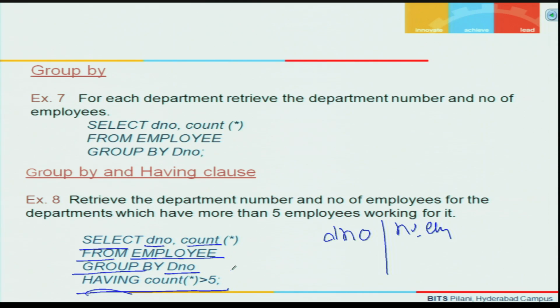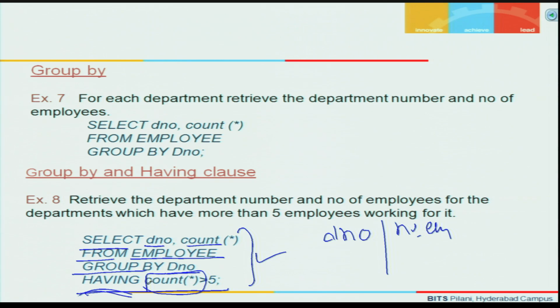So when I am using these aggregate functions and group by, first grouping is done. When you execute this, first grouping is done based on the department number, and then on individual groups the count star will be applied because it is there in the having clause. The having clause is there to check some condition on the individual groups.